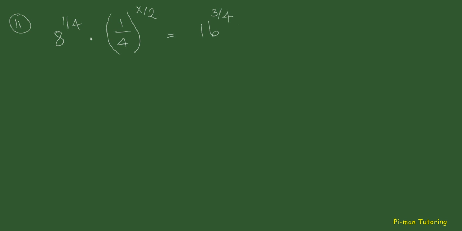Now again, that at first sight in an exam environment looks pretty scary, but the thing to notice is that all of these bases, 8, 4, and 16, can be expressed as powers of 2. So 8 is 2 cubed, 4 is 2 squared, and 16 is 2 to the power of 4.